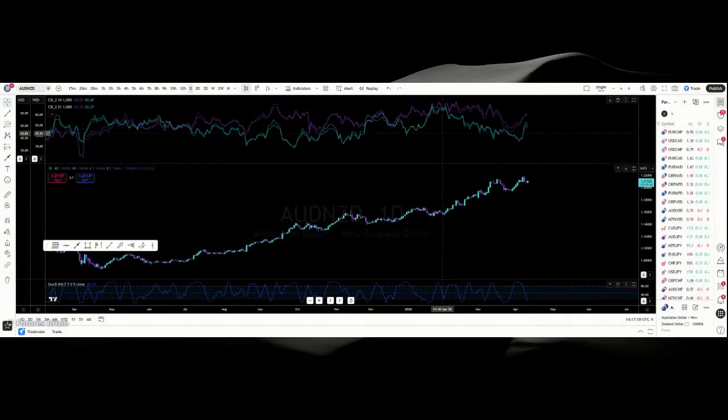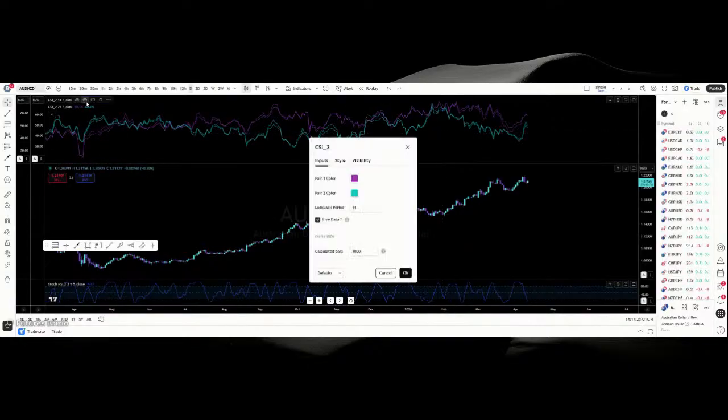Okay, and so this is pretty good. Now I do have live feed still turned on right here, live data, which just means that at the extreme right edge during the current candle, which is the daily chart, these lines will continue to move and adjust during the active part of that candle.